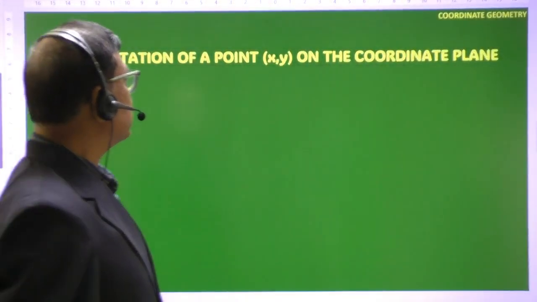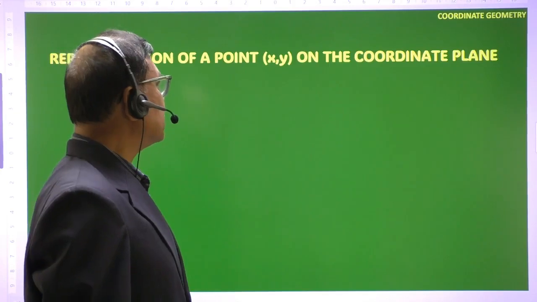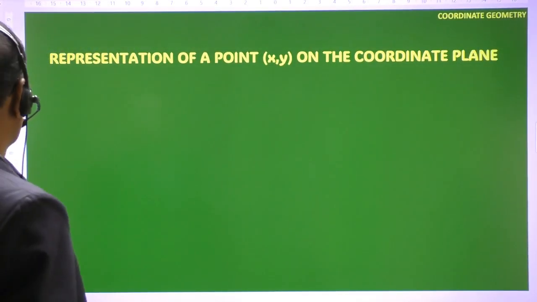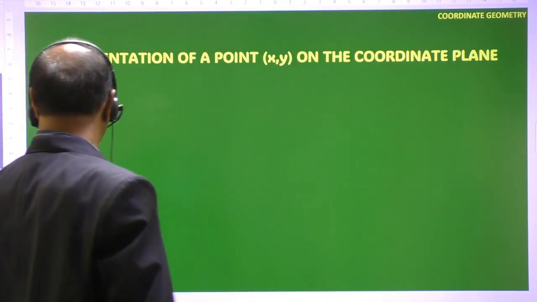Now representation of a point x comma y on the coordinate plane. How can we represent a point on the coordinate plane?